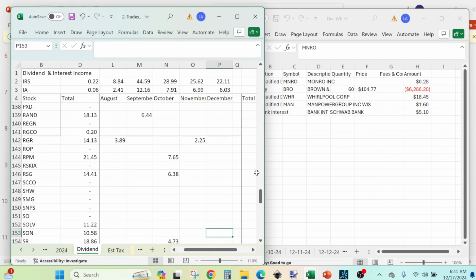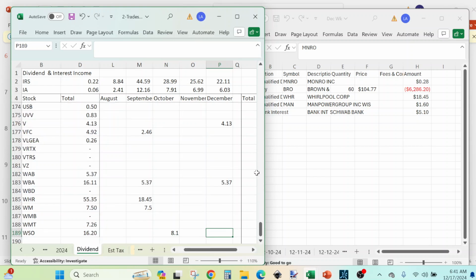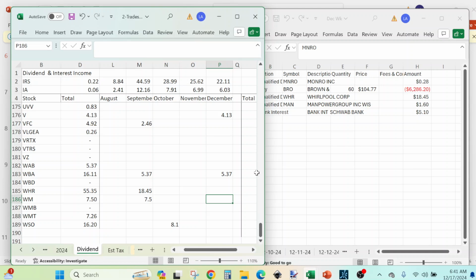WHR. And that one paid 18.45. The next one is MAN.